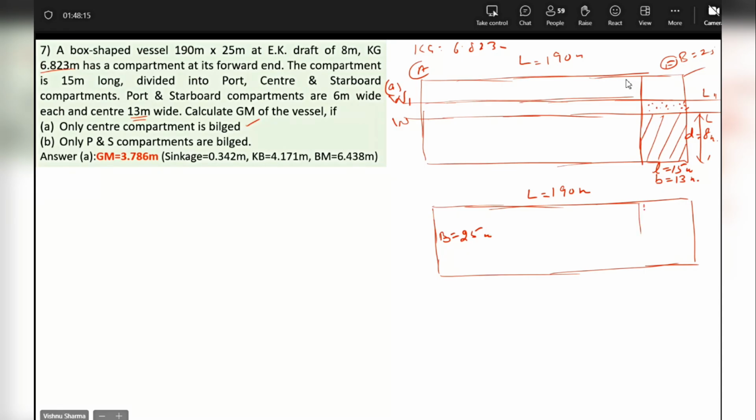And then you have these compartments which are divided into port, starboard, and center. Each one of them is 6 meters and 6 meters, and this is 13 meters. And since only the center compartment is bilged, now I can show it here like this. Length of this compartment is 15 meters.